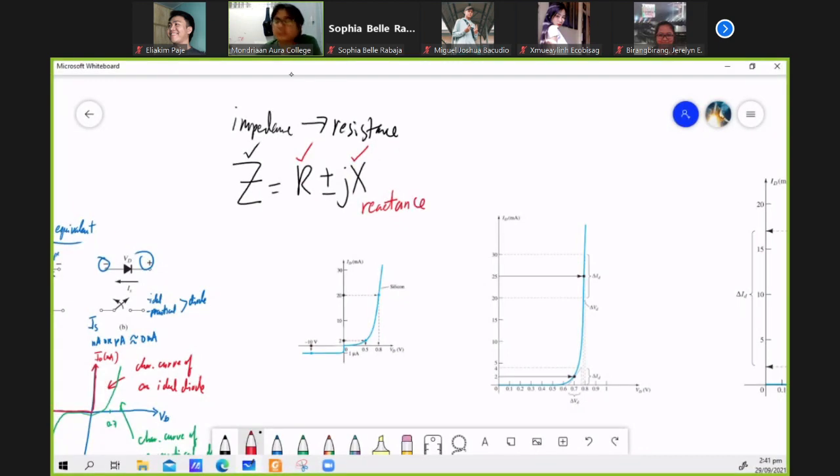Ano may reactance na yun? Reactance is the resistance being offered by capacitors and inductors. Aba, may resistance pala yung capacitors, may resistance din pala yung inductors. Ang tawag doon ay reactance. So kapag pinagsama natin yung purely resistive component, which is this one, purely resistive, tsaka yung reactance or reactive component, pag pinagsama natin yan, yan ay magiging impedance.